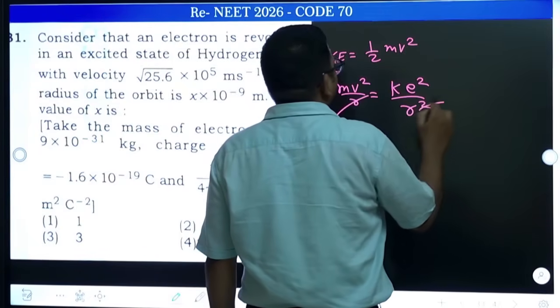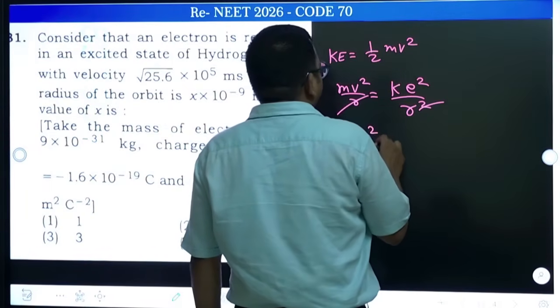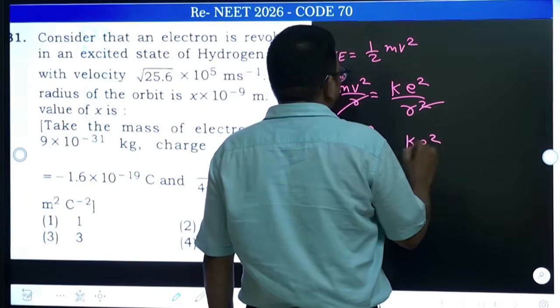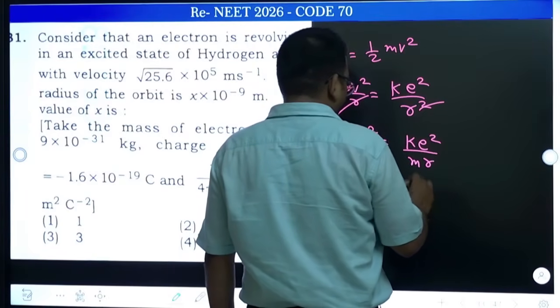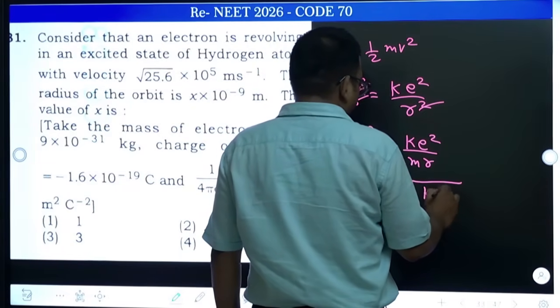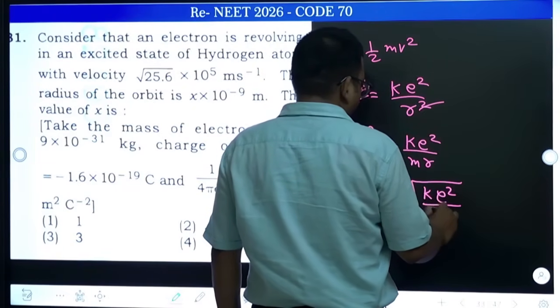So this r will get cancelled. So v square is equal to k e square by mr. So v is equal to root under k e square by mr.